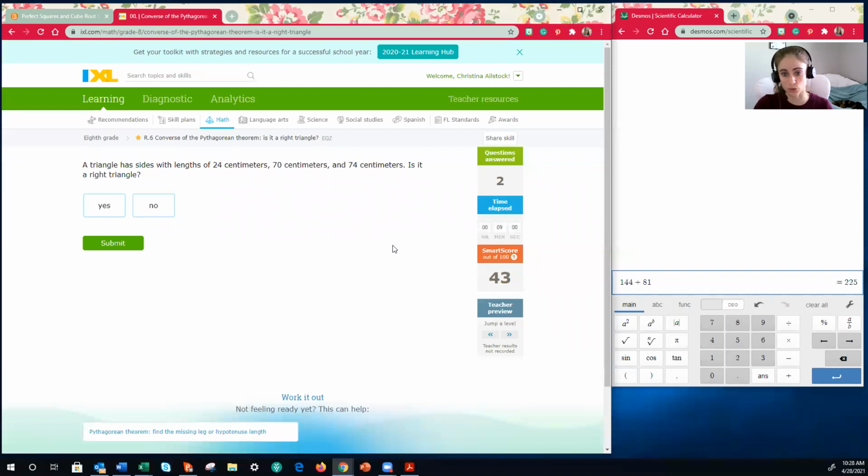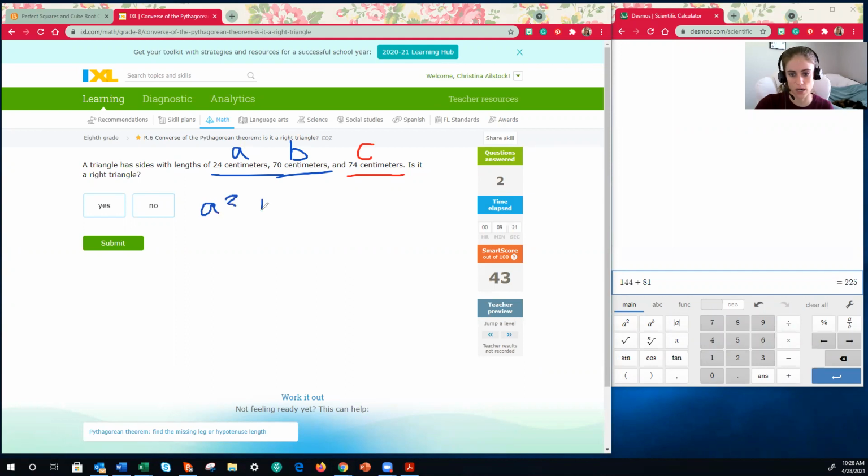All of my labels are the same. They're all centimeters. That's good. So which one of those would be our hypotenuse? 74, because that is the longest side, which means 24 centimeters and 70 centimeters becomes our A and B.